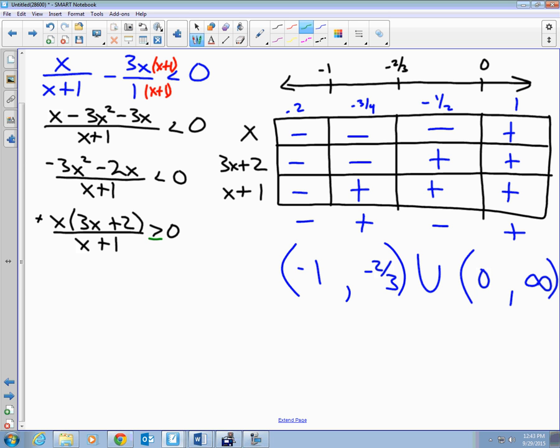Why? Can't have negative 1 here because you would have 0 in the denominator. How about for negative 2/3? Bracket, because that's in the numerator. How about for 0? Bracket, because that's in the numerator. How about infinity? Parenthesis, because you can never have a bracket on infinity. Okay, so if you would add an equal sign, then that's what you would have done.